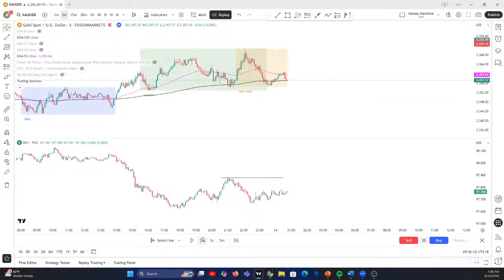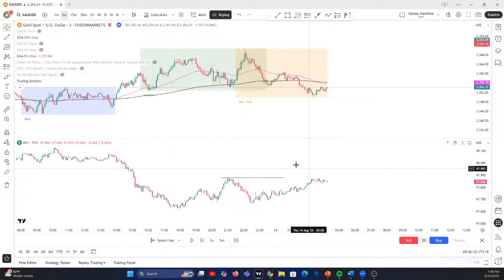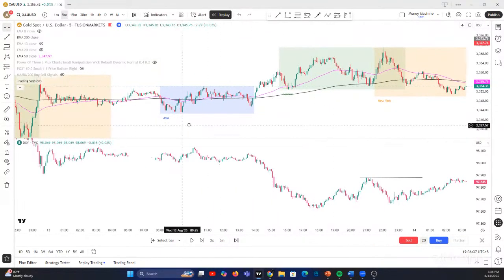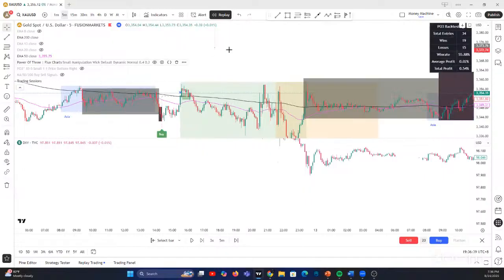Sideways. Okay, now this is the latest price action, August 14. Let's try some others here. What happened?